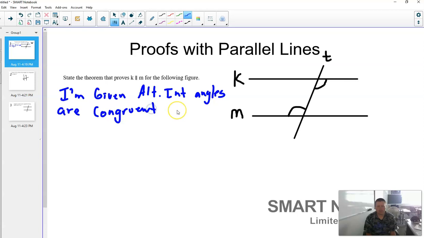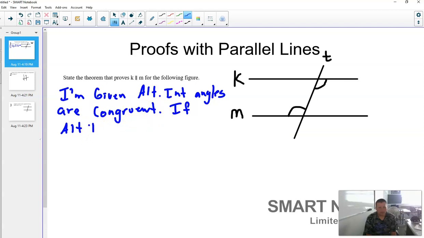I always look and see what I've been given to start with. So what I can conclude is this, and when I conclude something, I'm going to use my if-then statement. So I'm going to say if alternating, and again, I know this is redundant, but you've got to state what you're given. And then you write your conclusion.